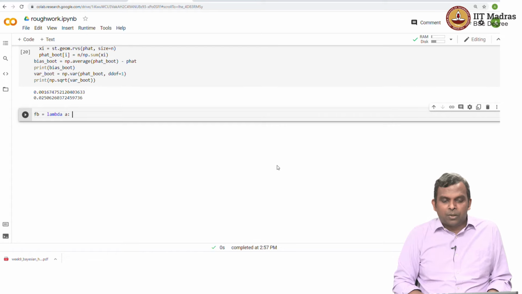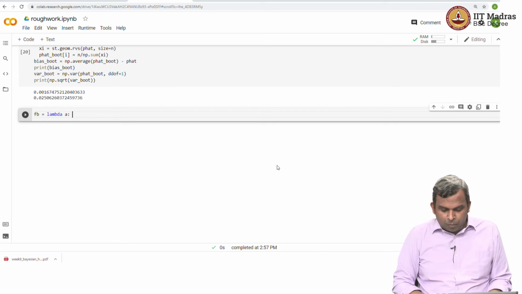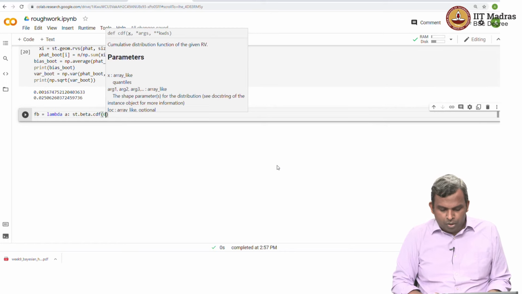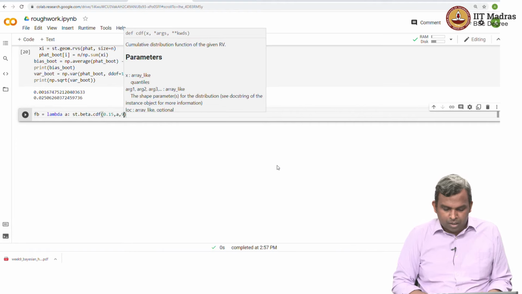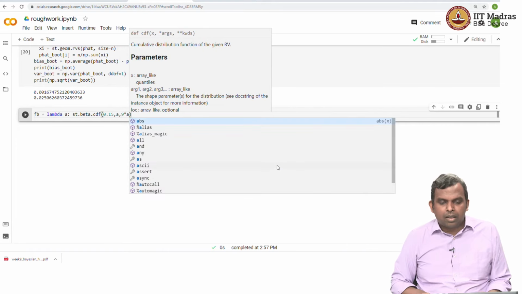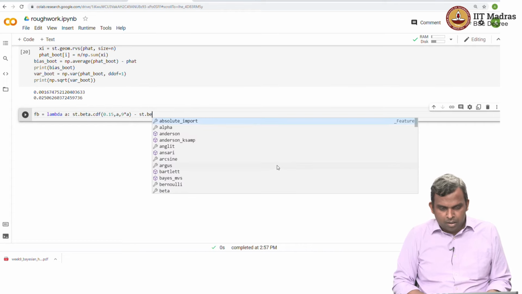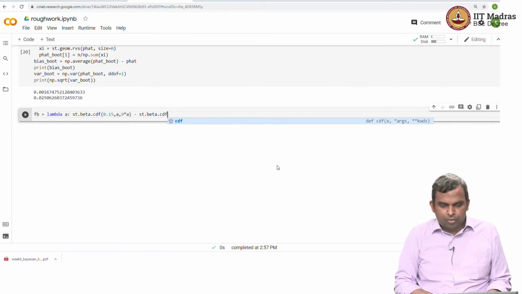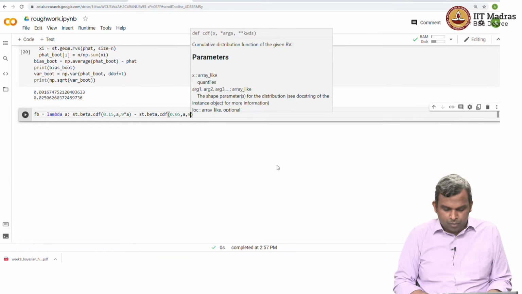So A is going to be my alpha. For a particular alpha, I want to go to SciPy stats beta CDF of 0.15, comma, a, comma, 9 into a, minus st dot beta dot CDF of 0.05, comma, a, comma, 9 into a.